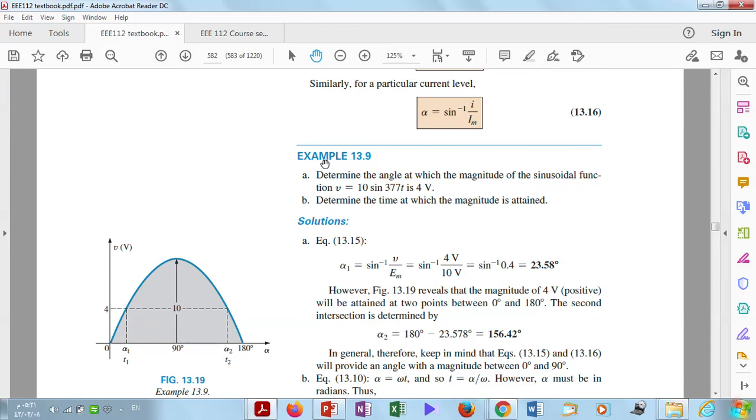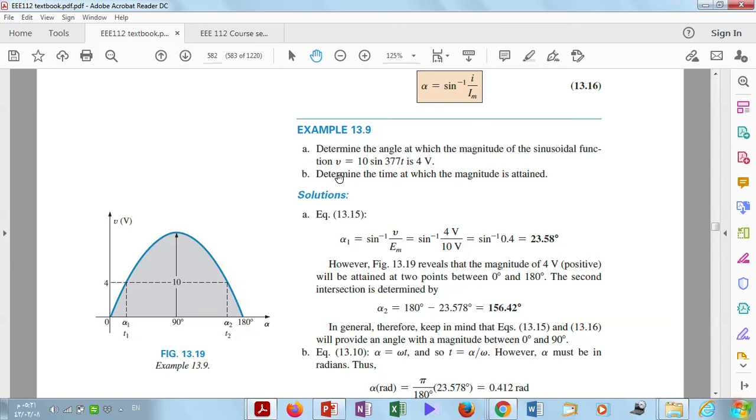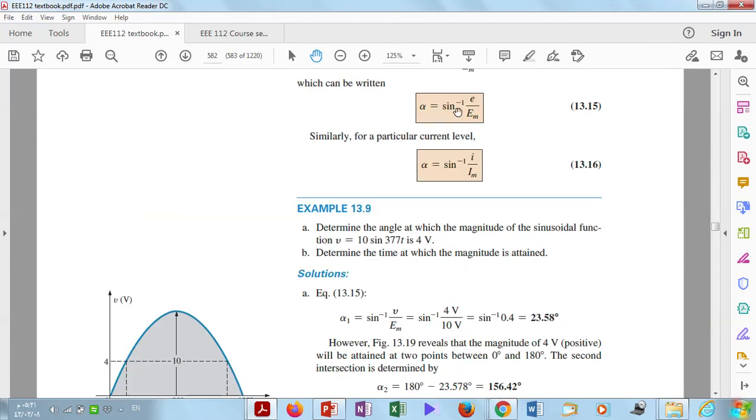And this one is an example, go through it. It's easy, direct substituting only. But we need to concentrate. If he asks you about the angle, sometimes we have two options. For example, here 10 sine 377t, the voltage was 4. He's asking what was the alpha. If we say the inverse sine of E over Em, the final answer 4, Em 10, sine inverse of 4 over 10 equals 23.